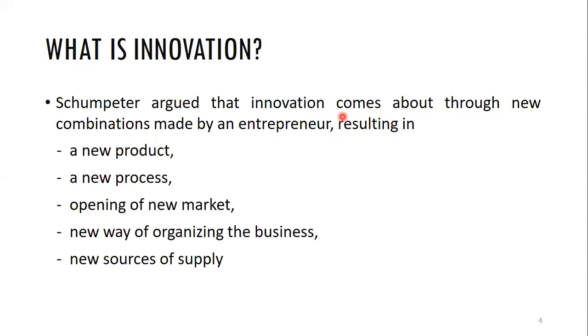Obviously, if you are implementing some new ideas, you may get the new or modified product, the new or modified process. And for that particular modified product or process, you may have the new customer, new market.